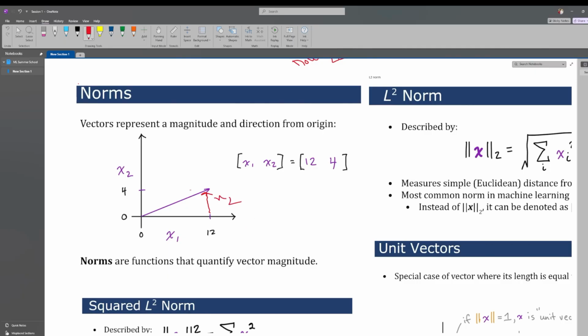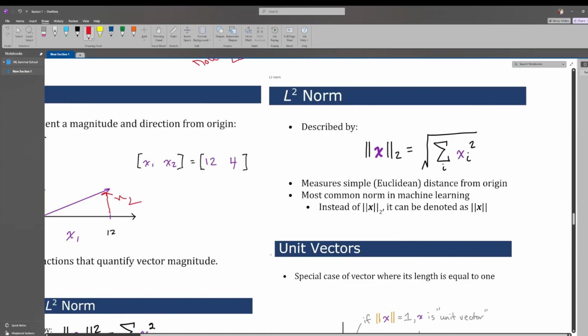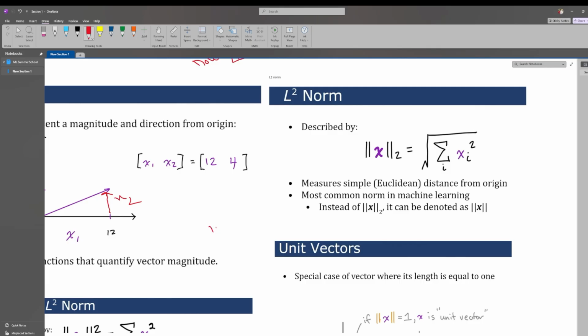But if we had to know the length of this vector, how do we find it? It's simple: 12 squared plus 4 squared, then the square root. That's basically the L2 norm.